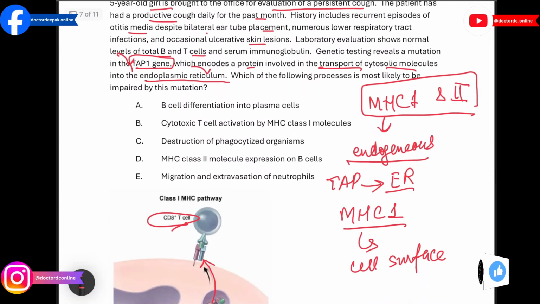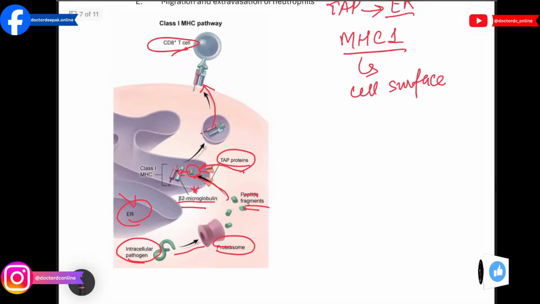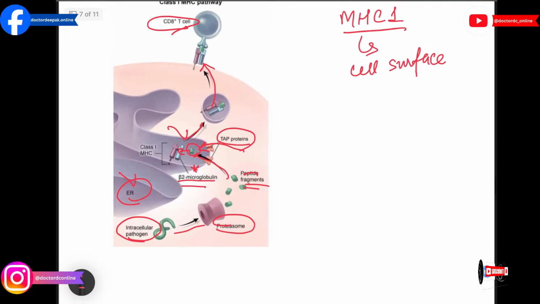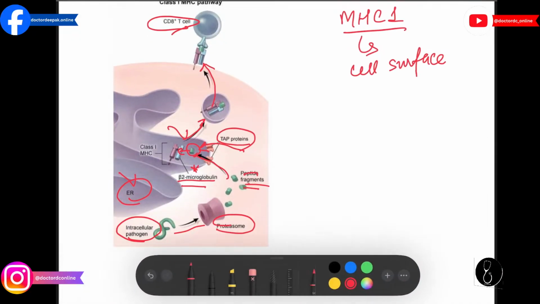So, according to our answer, if the endoplasmic reticulum is infected or the transporting molecule is mutated, what is going to happen? Which thing will be impaired? There will be impaired cytotoxic T cell activation, where the MHC class 1 molecule will be affected because the endoplasmic reticulum transported molecules are going to be damaged, impaired.